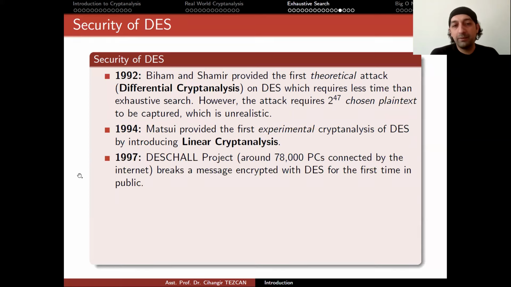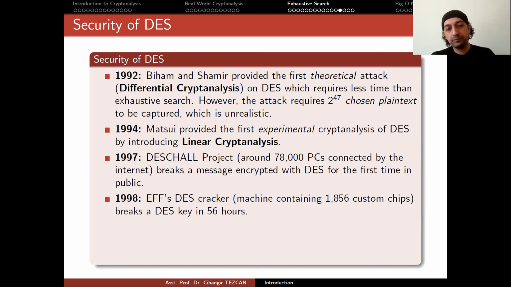In 1997, the DES Challenge project was initiated, and it broke a message encrypted with DES for the first time in public. This was due to the help of the internet. Around 78,000 PCs connected to each other, and they all searched different parts of the key space, and finally they obtained the key.